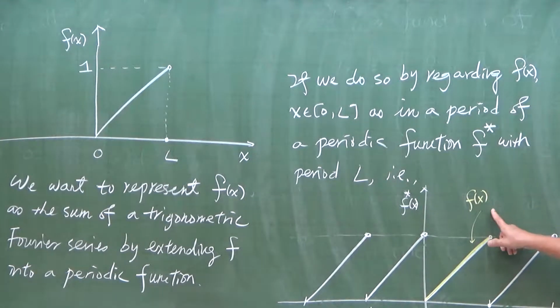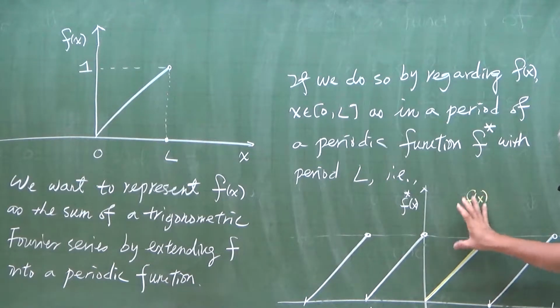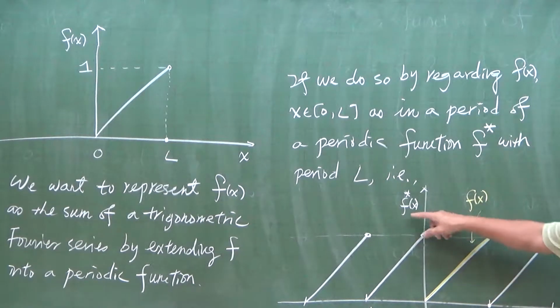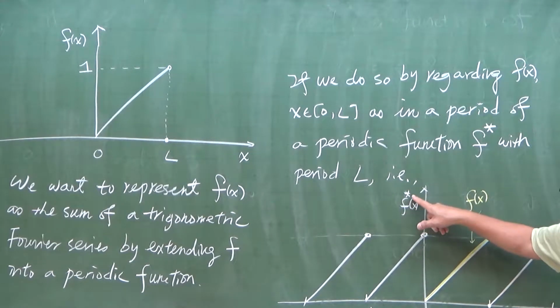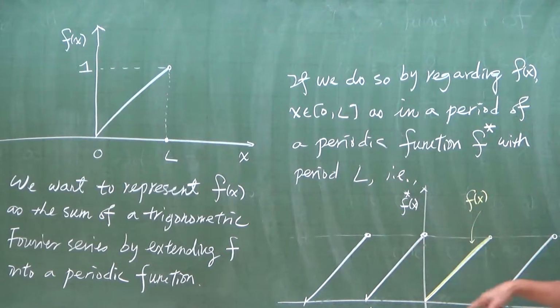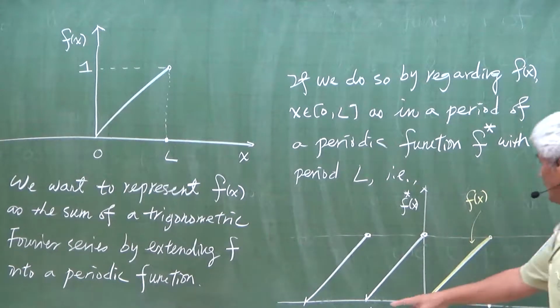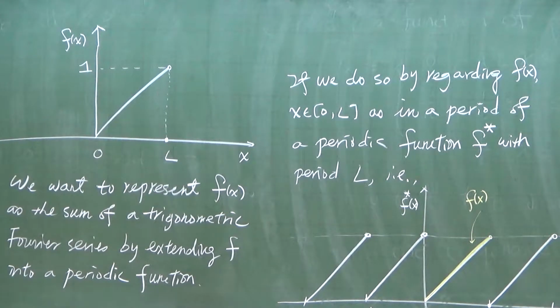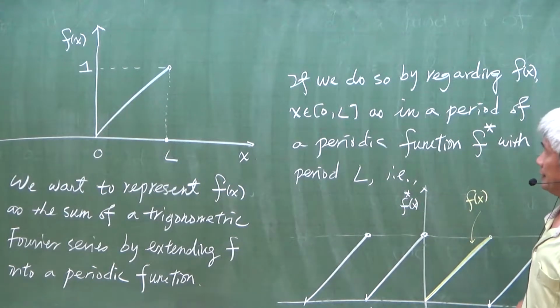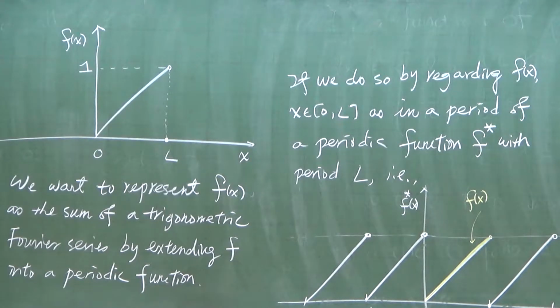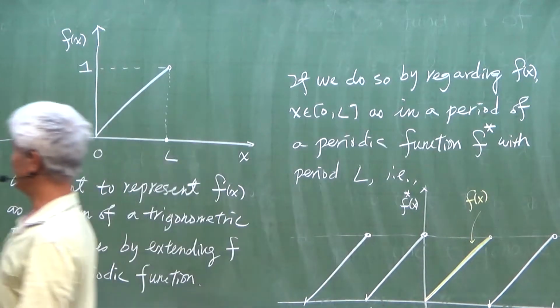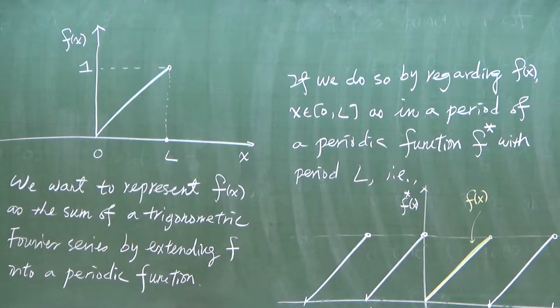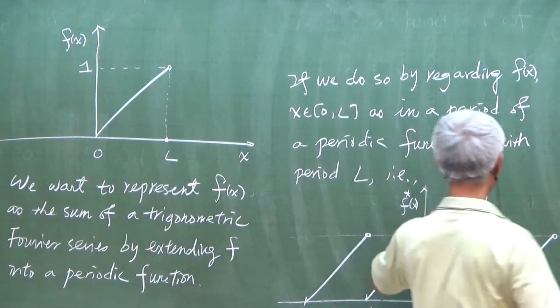So f of x is just in a period of this periodic function, and this periodic function f star has period L. So you can regard it. All right, and because f star is a periodic function and satisfies theorem 11.1.2, because f satisfies the condition.